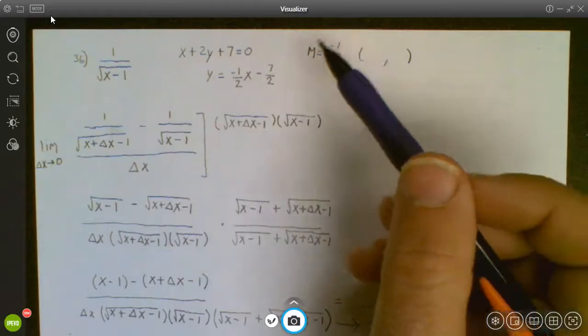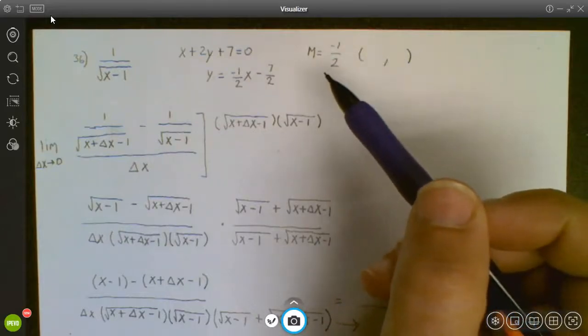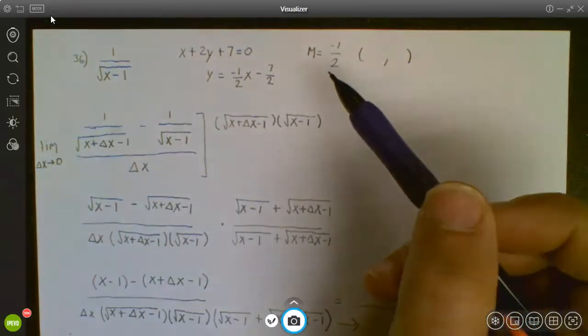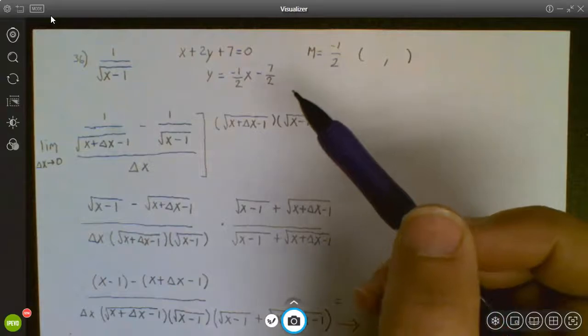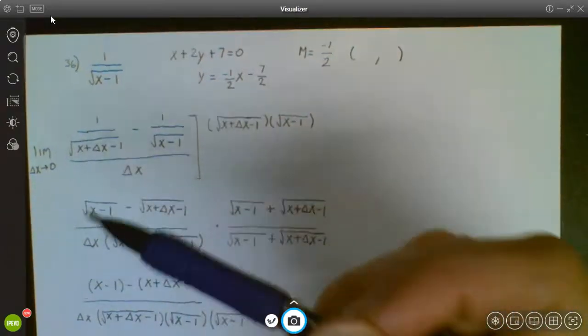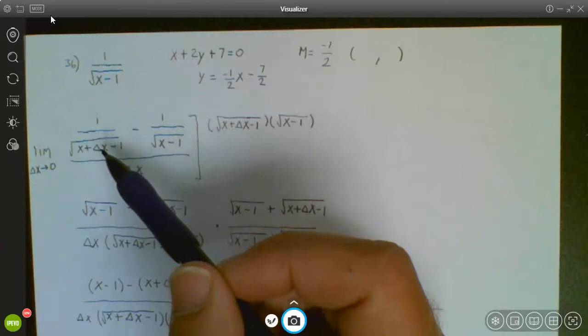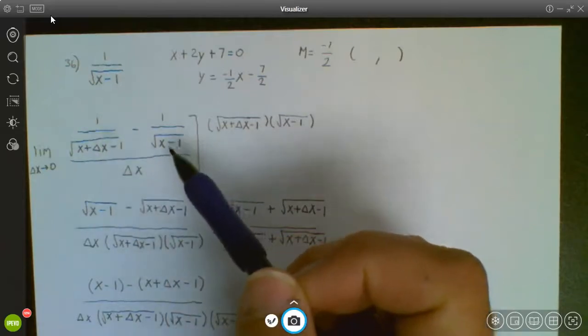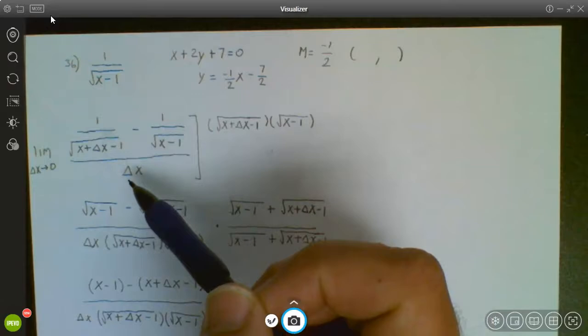And so if all I know is the slope, I got to work with the derivative. So what I did on this was I said, okay, here's our function. Let's go through this derivative process where I do f of x plus delta x minus f of x over delta x. Right? That's the process that we would use, at least at this point in the chapter, to find a derivative.